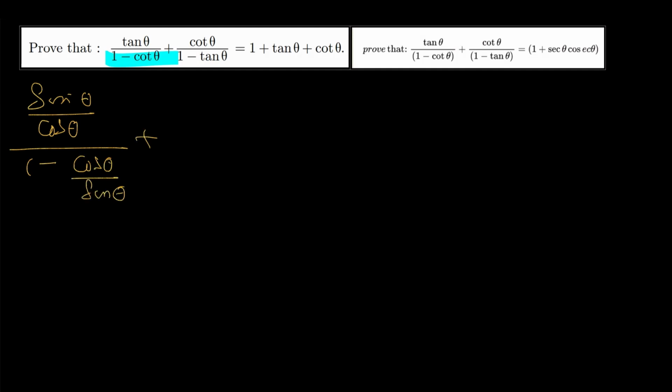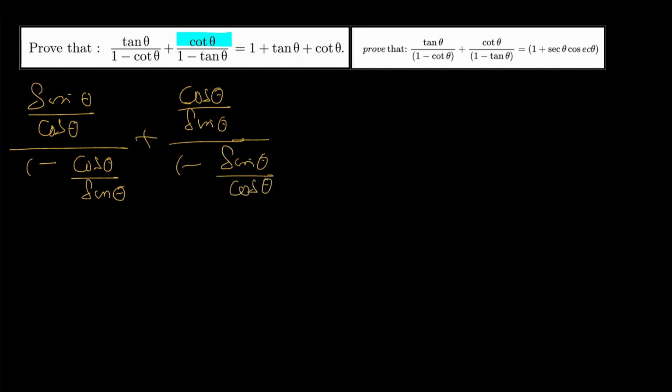You have a plus sign in between. Next it is cot. Cot is cos over sine. So this is cos theta over sine theta, that whole divided by 1 minus tan, and tan is sine theta over cos theta.